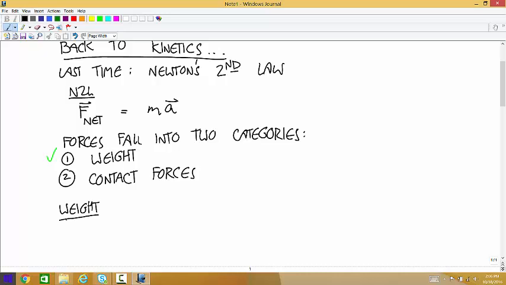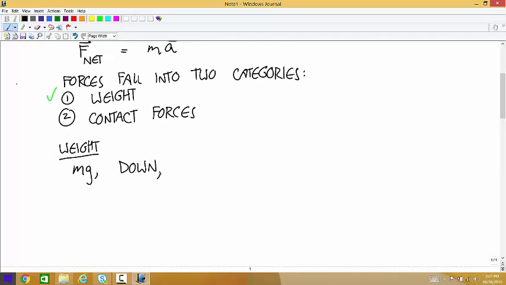So the weight, the force applied by gravity, depends on the mass, and it's equal to the mass times 9.81 meters per second squared down, where g is 9.81 meters per second squared.